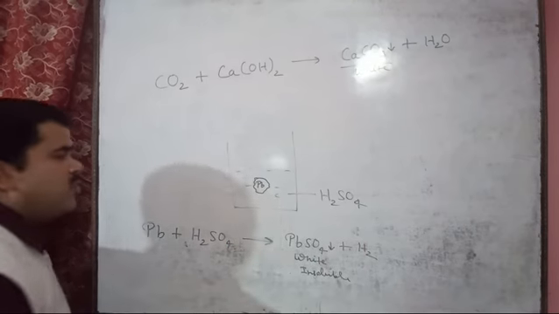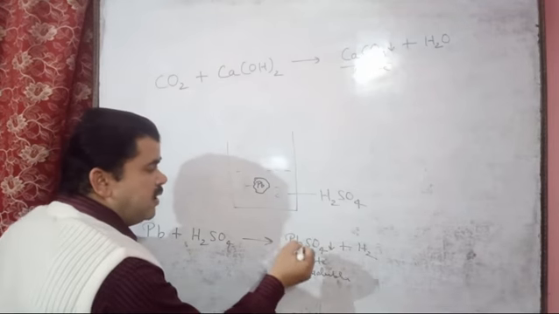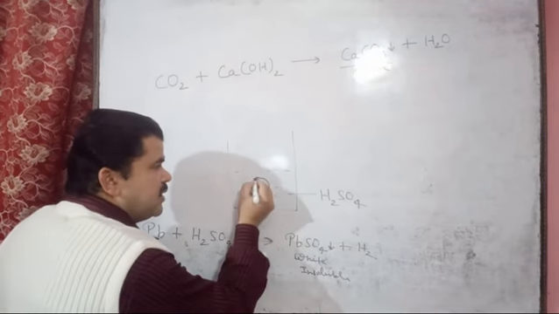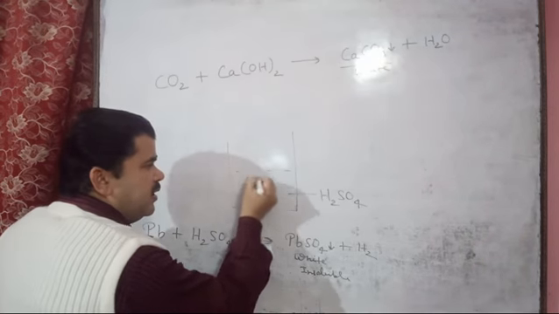So PbSO4, an insoluble material, develops. This PbSO4 is an insoluble precipitate, and it covers the surface of the unreacted lead.